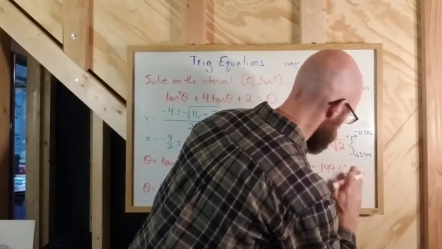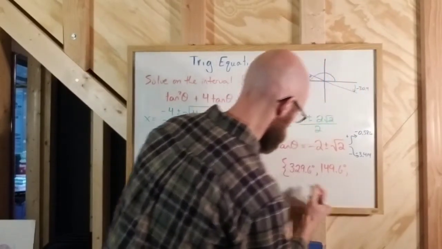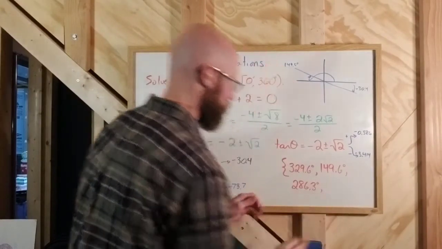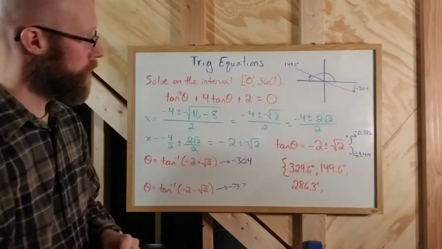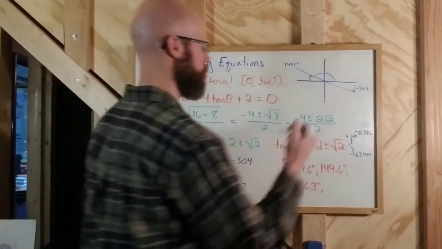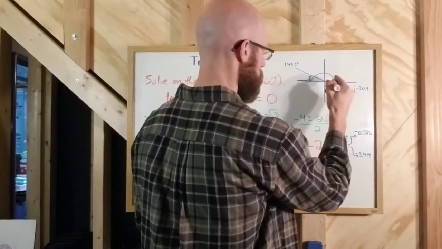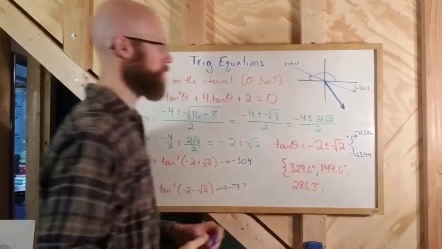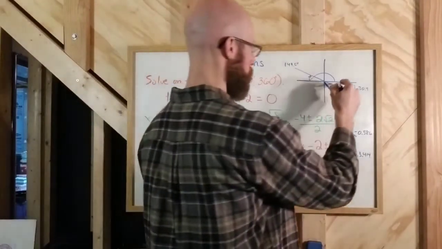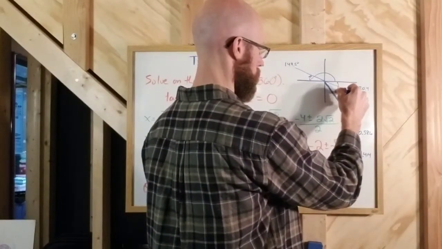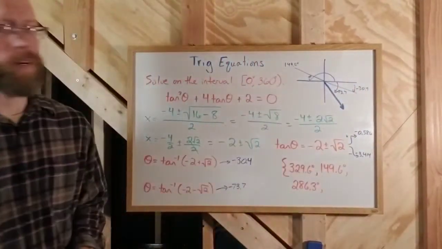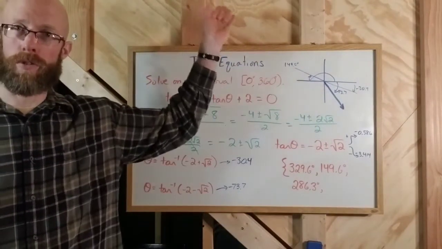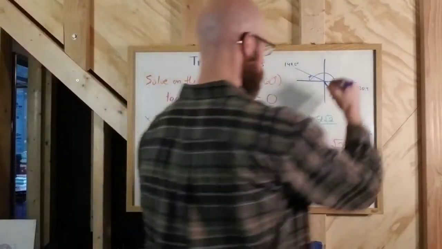Let's put that down there. That angle in the fourth quadrant would be something down there, I suppose. So it's about negative 73.7. Now what we want is a similar or corresponding angle up in the second quadrant.